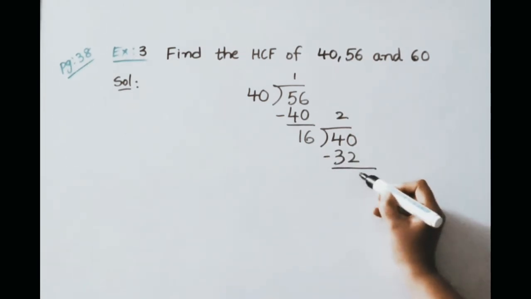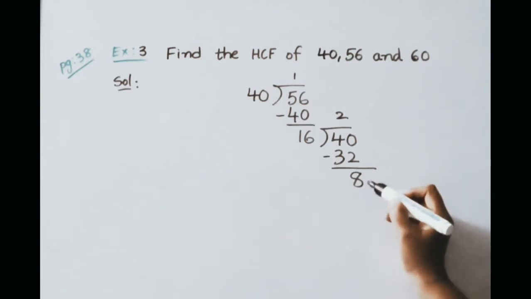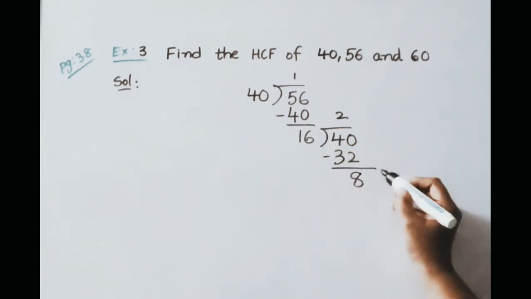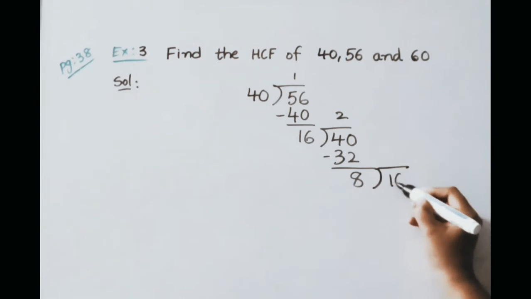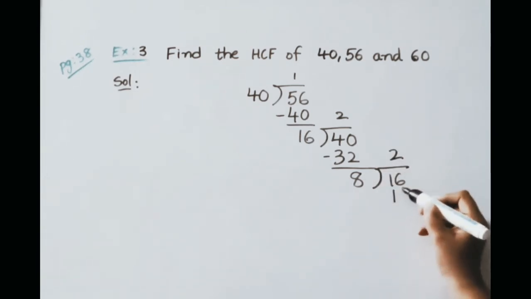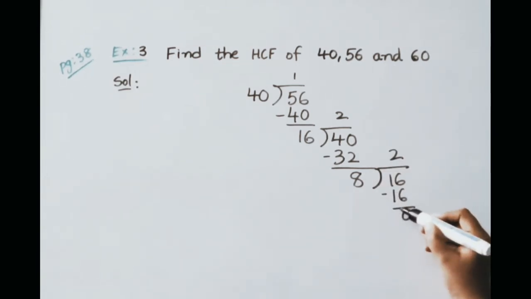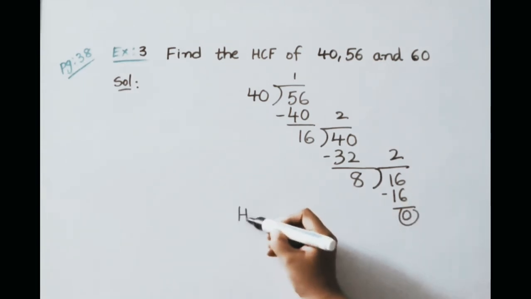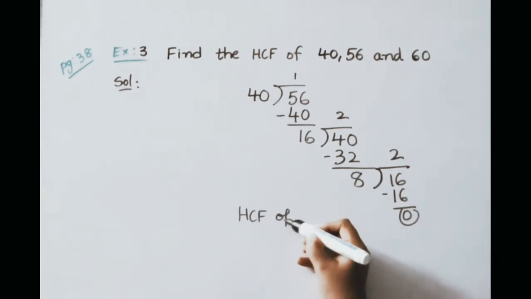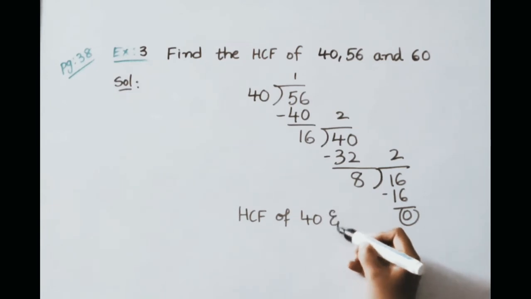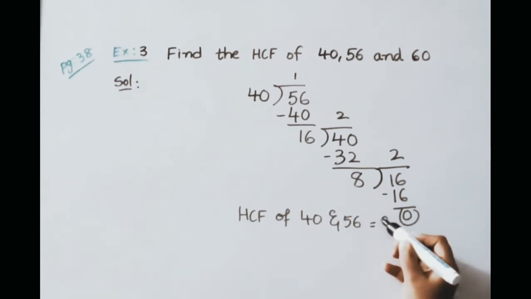If we subtract, we get a remainder 8. With this 8, previous divisor 16, we need to divide. So again 8 2s are 16. We will get a remainder 0. So HCF of 40 and 56, that is 8.